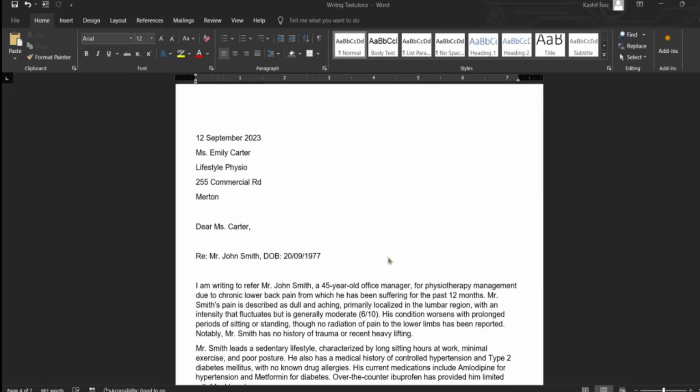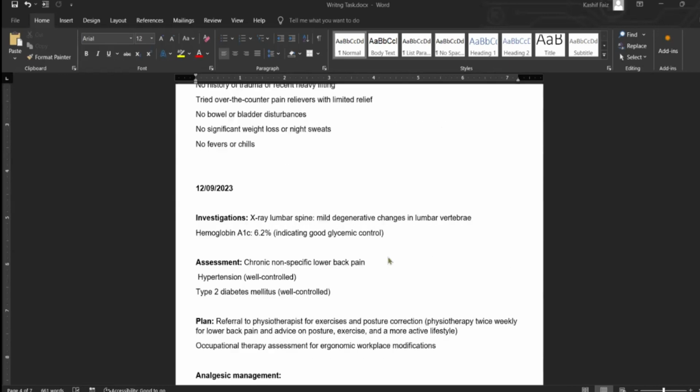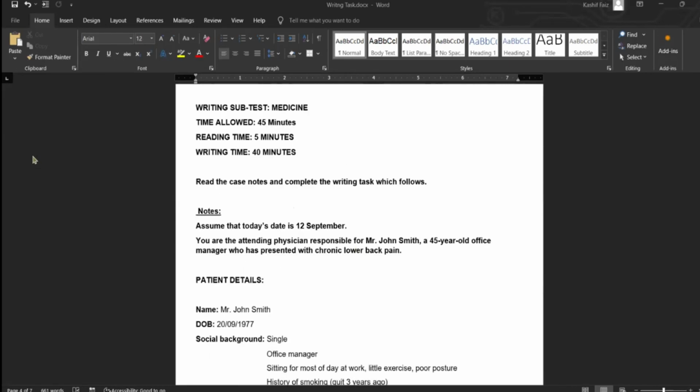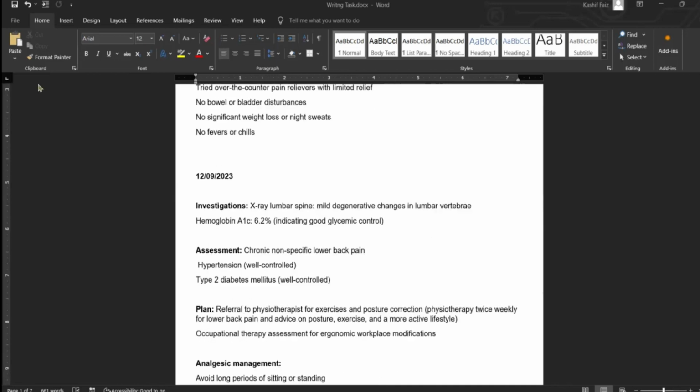Otherwise, if you are not given any date, let me give you an example. Okay, here in this letter, for example, I have mentioned that assume today's date is 12th September. Sometimes you will be given this date, but sometimes you will not. Sometimes you will be given like this. See, this is the date here, 12/9/2023, and these are the investigations that you have done.